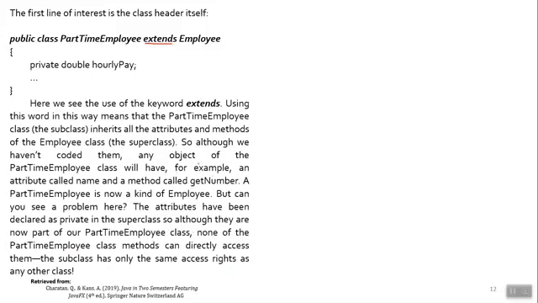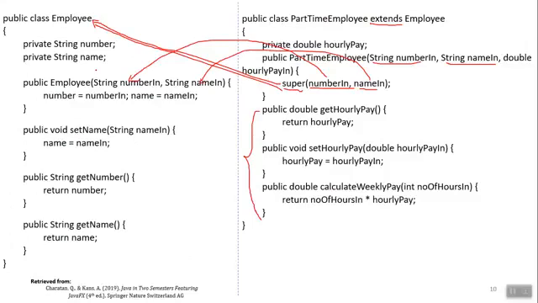Okay? So meaning to say, you cannot directly change this without going through the constructor. So that's why we use super to edit the values inside the string number and then string name.